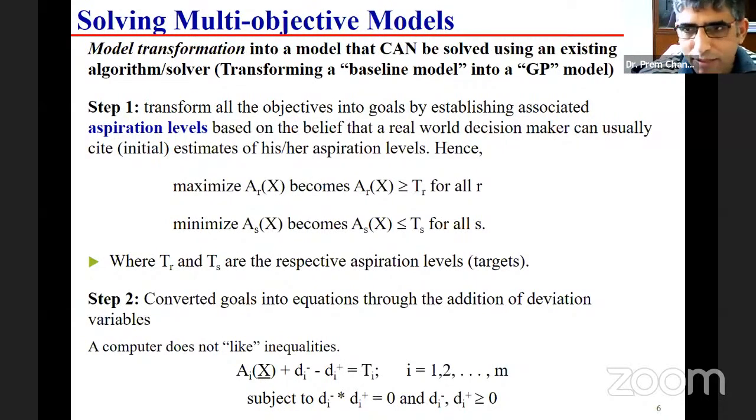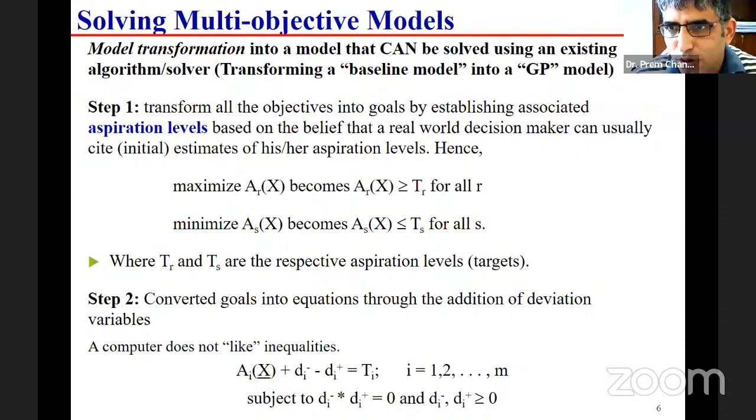Then we convert these goals into equations. As I said, we add deviation variables to the left hand side of the goal equations so that the equation is balanced. So we add the negative deviation and subtract the positive deviation in our goal function.